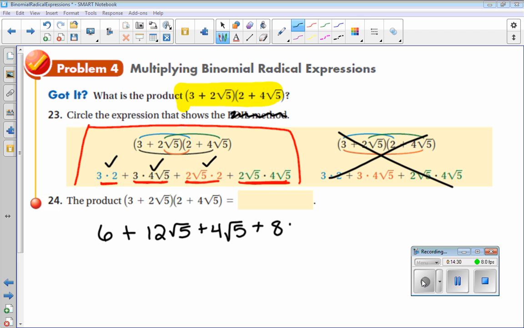Well, so 8 radical 25. Okay. What's the square root of 25, though? So what's 8 times 5? Isn't that just 40 right there? All right, so because the square root of 25 is 5, 5 times 8 is 40.